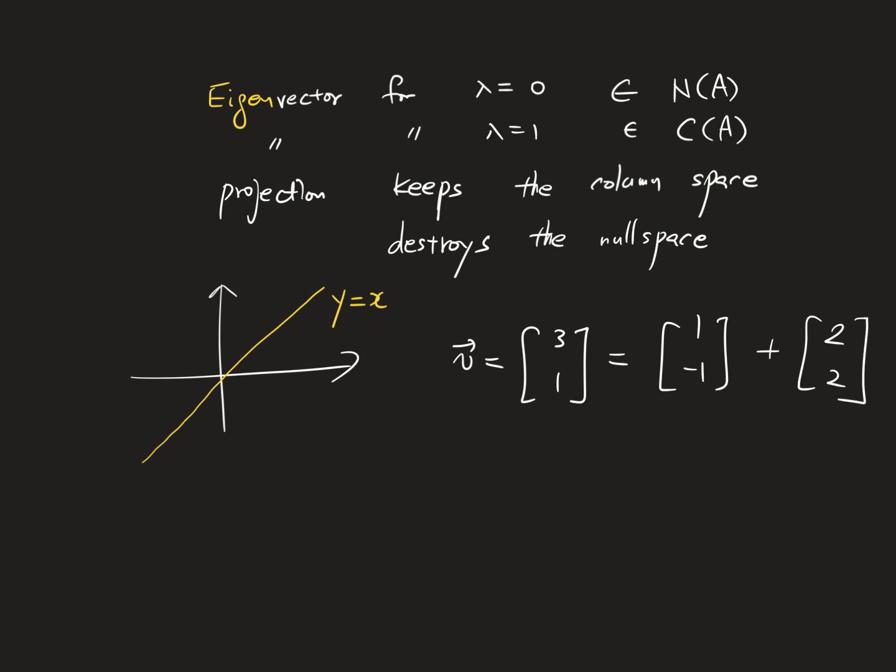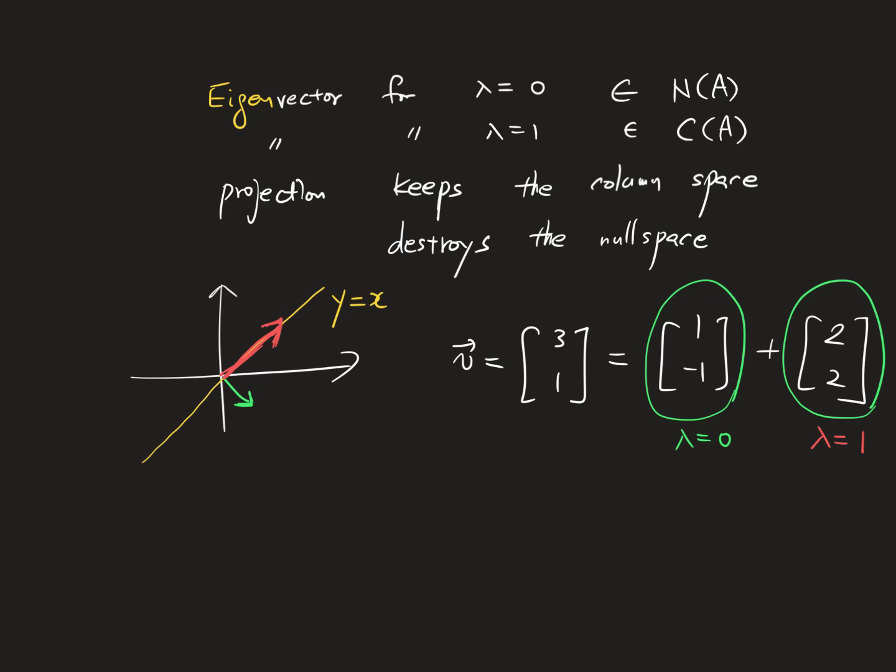We can see that 1, minus 1 is this direction, so this vector is related to lambda equal to 0, and this vector is in the direction 2, 2. So it's on the line, so it's related to lambda equal to 1.